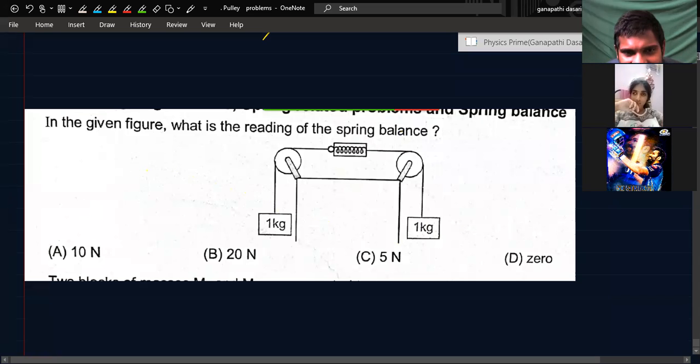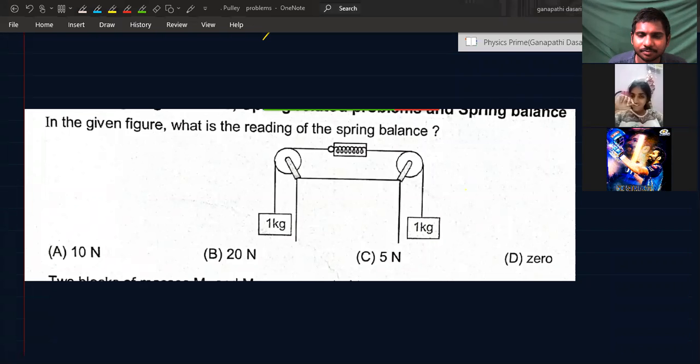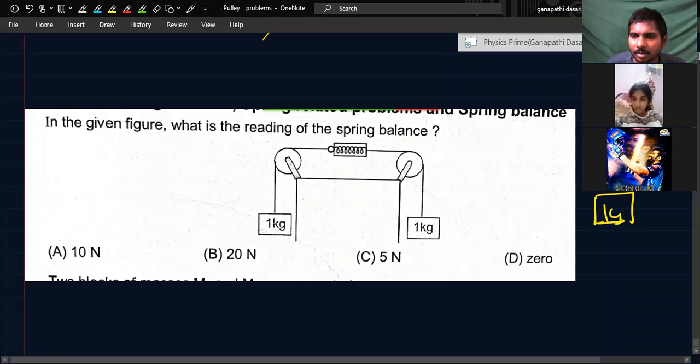The question asked is not tension, it is the reading of the spring balance. You see, if you see on this 1 kg block, there will be tension upwards, 1g downwards. That means tension is equal to 1g, 10 newtons, if you take g to be 10.